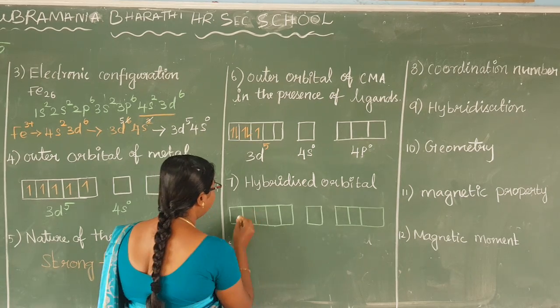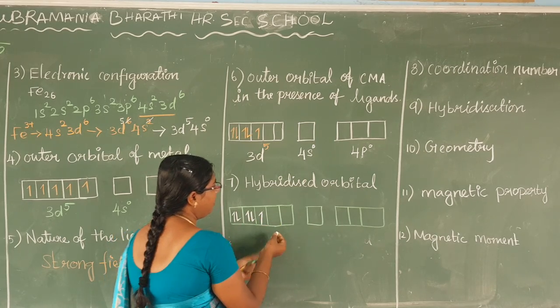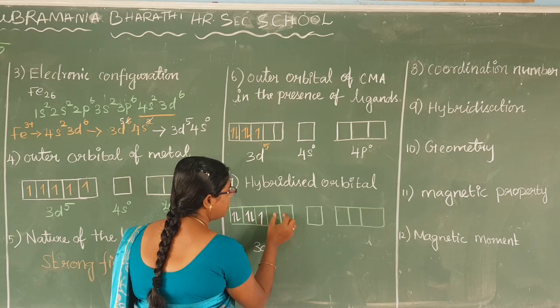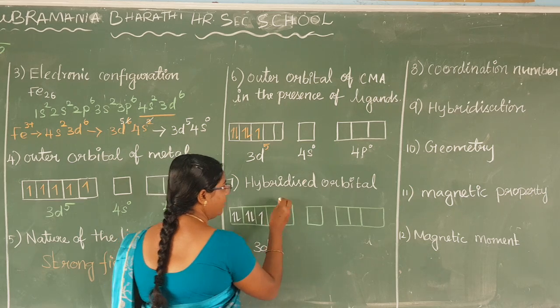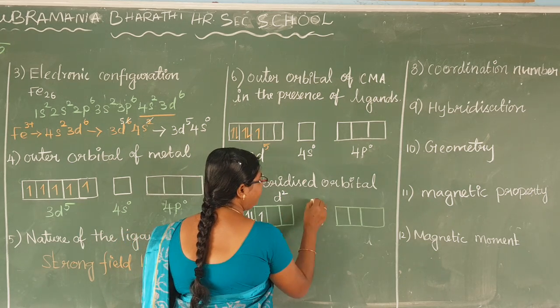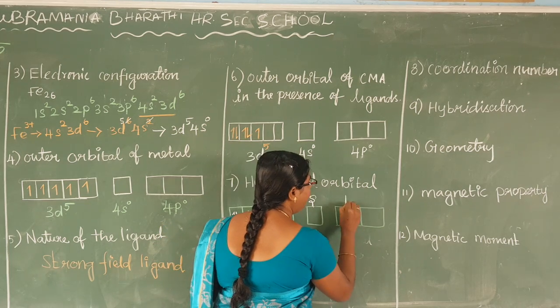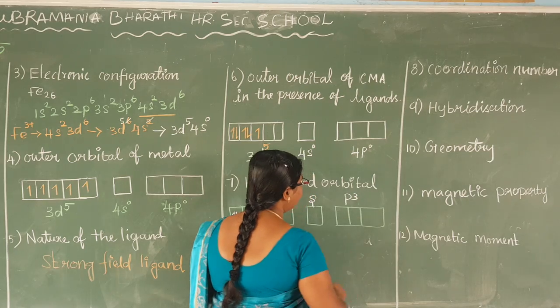Here it is filled. The remaining d orbital, I am having 2 d degeneracy sets empty. So d2, this is s and this is p3.